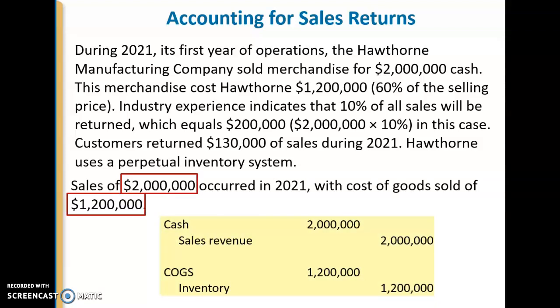So the journal entries Hawthorne would make are debit cash, $2 million, credit sales revenue, $2 million, debit cost of goods sold, $1,200,000, credit inventory, $1,200,000.